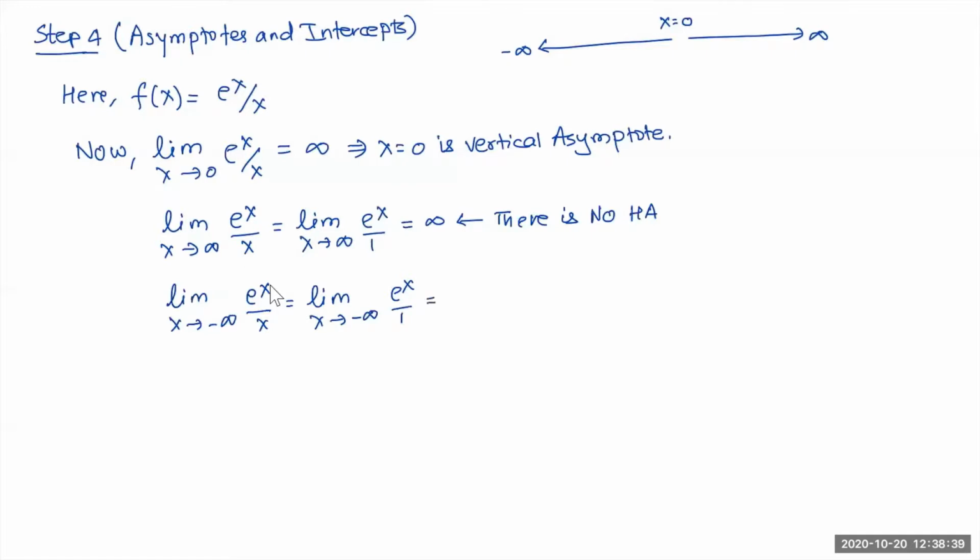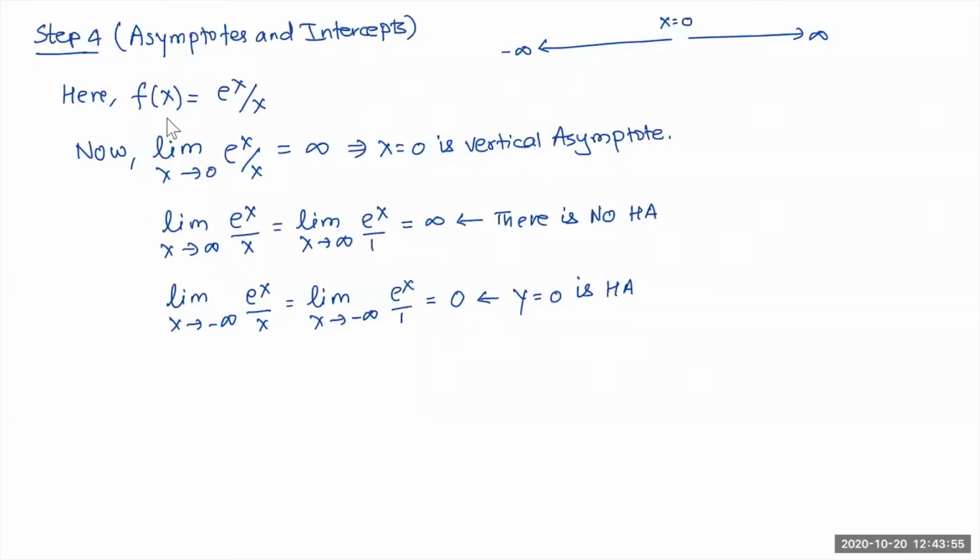Now if you plug in negative infinity, e to the negative infinity is 0. So 0 over 1 is 0. So this limit is equal to 0. That means as x approaches negative infinity, the graph of the function gets closer and closer to 0. That means y equal to 0 is a horizontal asymptote. We get x equal to 0 as the vertical asymptote and y equal to 0 as the horizontal asymptote.